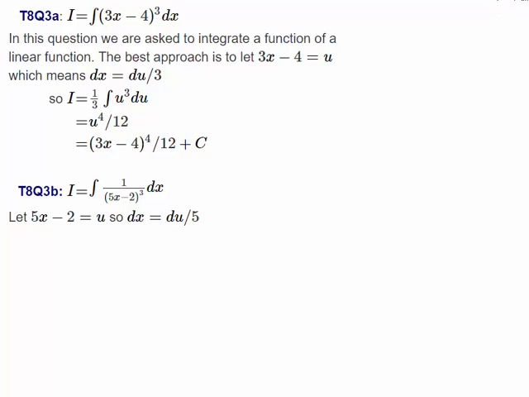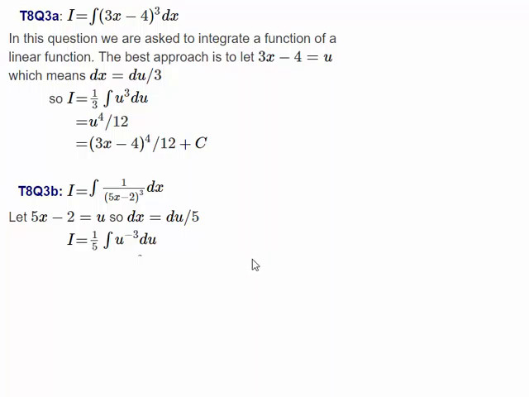Substituting these into the integral, we get I is equal to 1/5 u⁻³ du. Notice that 1 over u³ is the same as u⁻³.